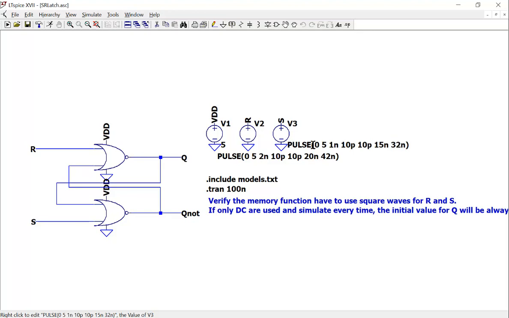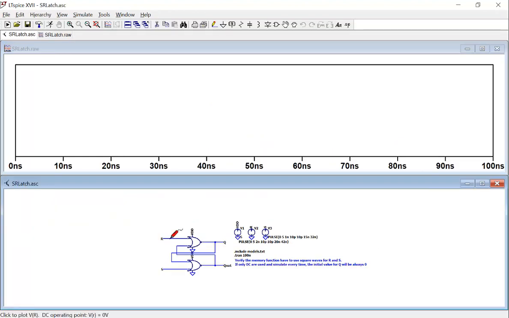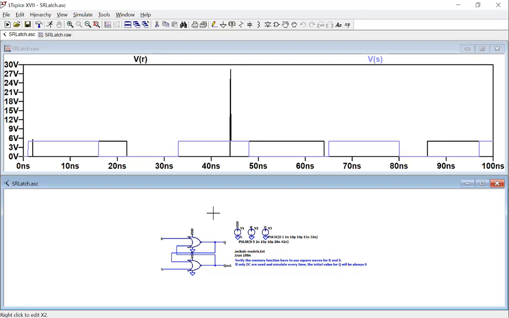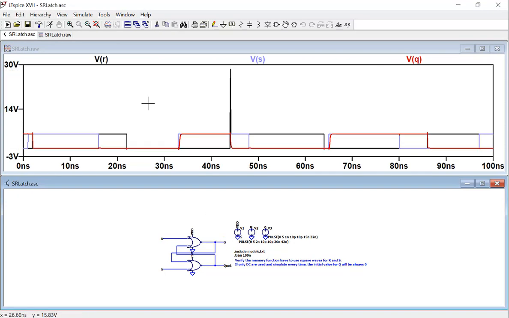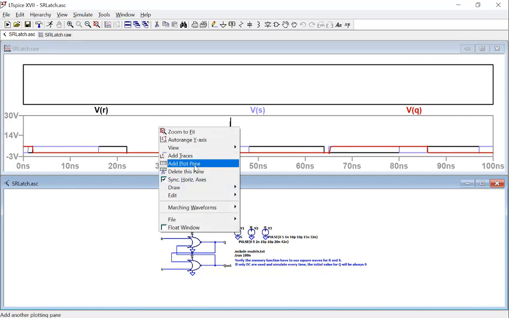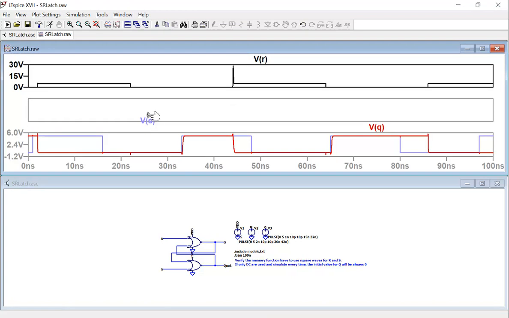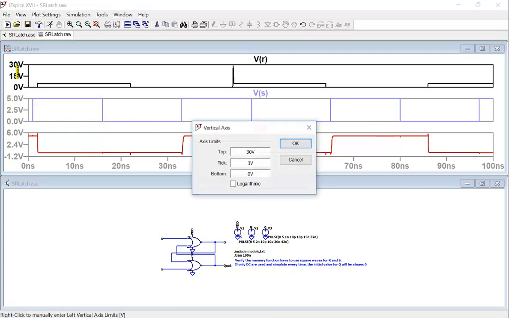You guys should know the arguments in this function. So what is this one? Delay. Okay, cool. So I'm going to run it really quick. Ignore the spike. I don't know what that is. Plot pane. R. S.